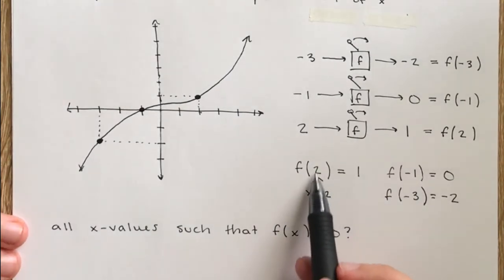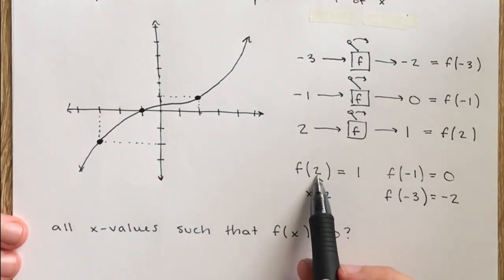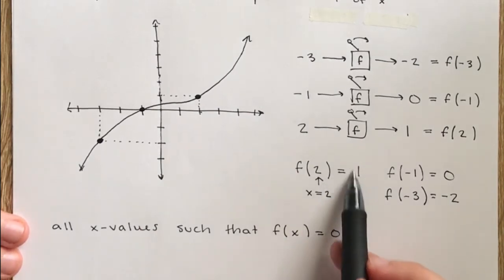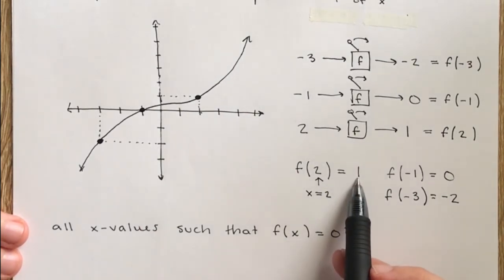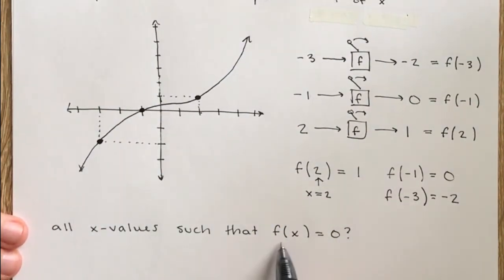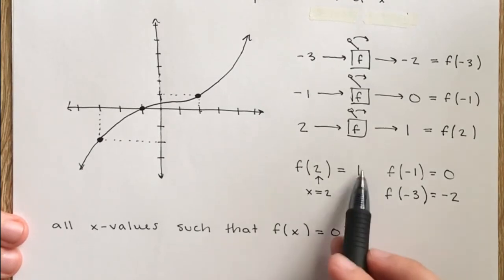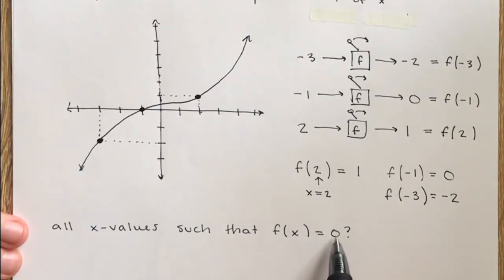Before, we were given x, right? We put it in, and we were asked what is our output. We found the y value, we got 1. Now, we're given the y value, right? We're given the output, and we're asked to find x.